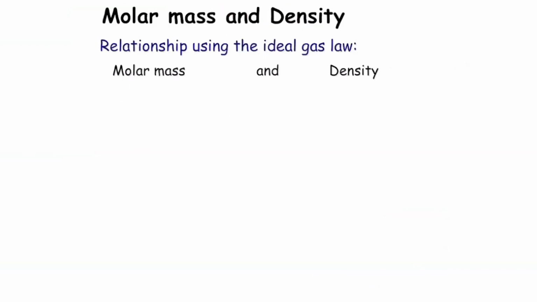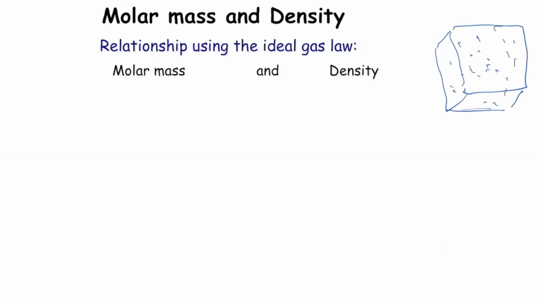Now there's a relationship. I'm switching gears on you. If you have a gas in a container, then that gas in that container is going to have mass and it's going to have volume. What is mass over volume? That's a density.